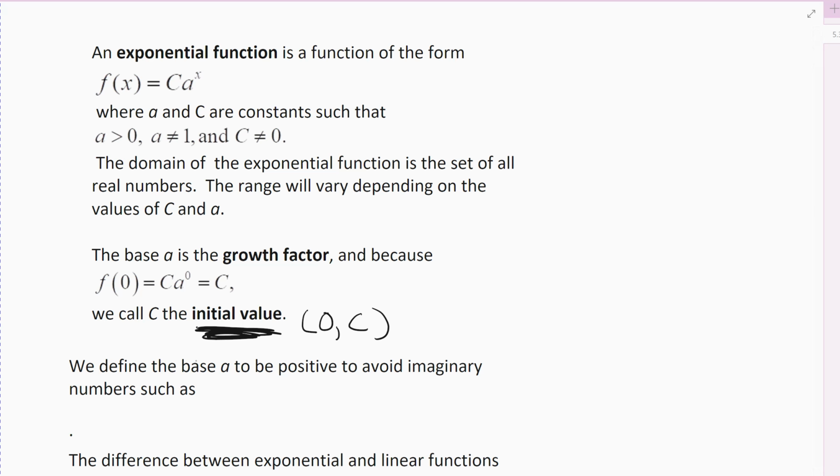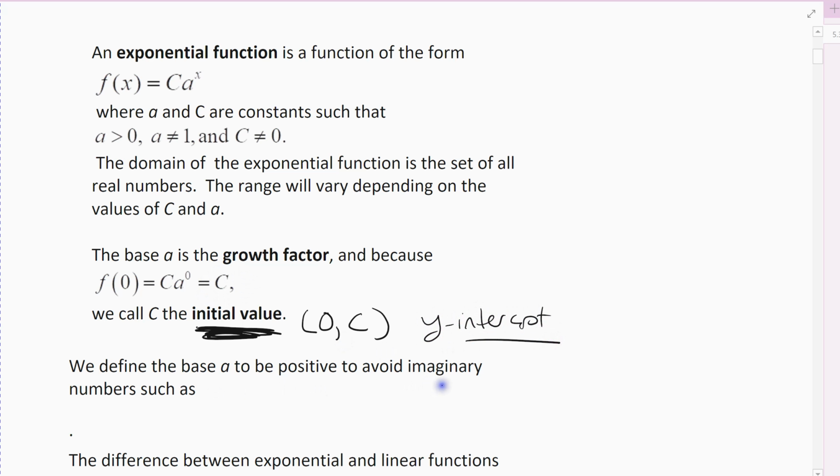So the initial value, that c out front, will always come out when I plug 0 in. The initial value, which is also the y-intercept, is that number out front.